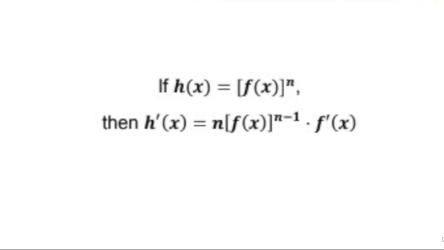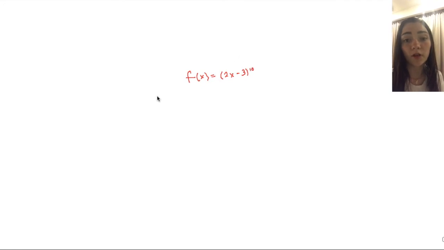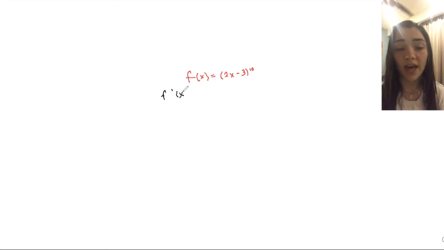For the chain rule, we follow this formula. I am going to solve this problem using the chain rule. We have f(x) equals (2x minus 3) to the 10th power.